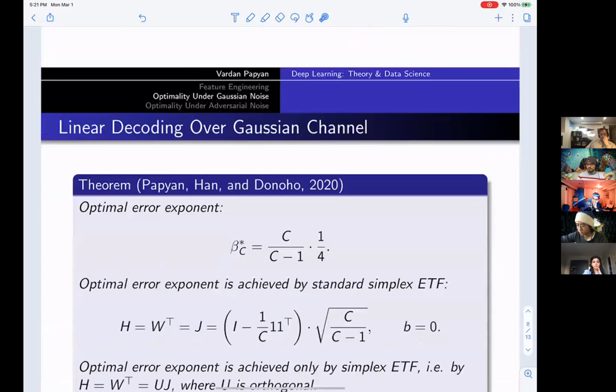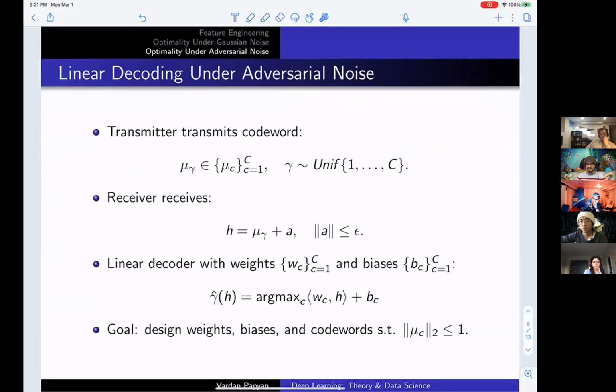Okay, how about we try another thing? Here's an alternative setting that maybe Gina would like. Let's appeal to Gina's taste. So Gina proposed the following setting. Imagine you have a set of class means, right? And to those class means, you're adding some perturbation, which is an adversarial perturbation because it is bounded by, let's say, an L2 norm, right? So this is analogous to an adversarial example.